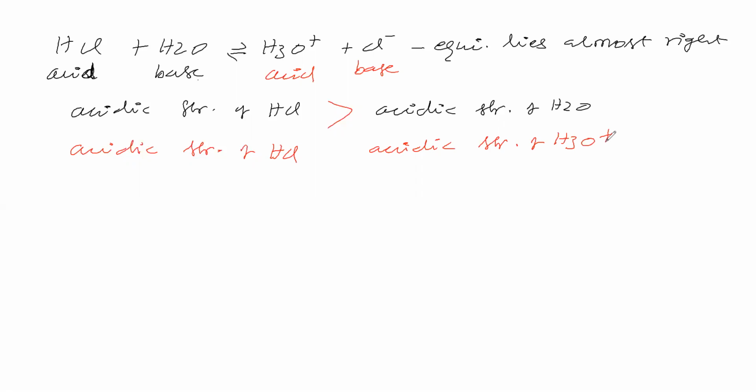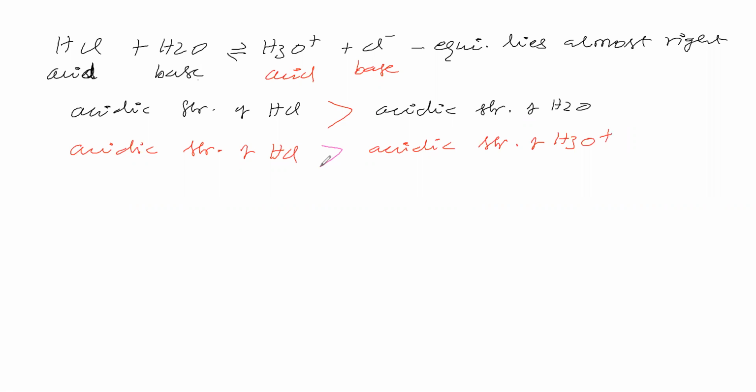Equilibrium lies almost right for this. That means forward is favored, backward is nil. Backward is nil in the sense only forward is taking place. This indicates that acidic strength of HCl is greater when compared to acidic strength of H3O plus.